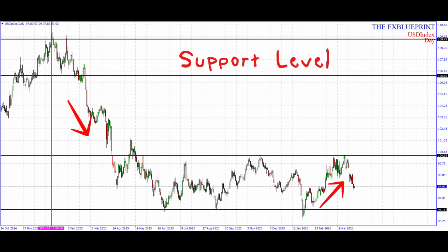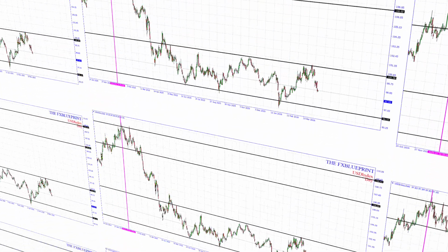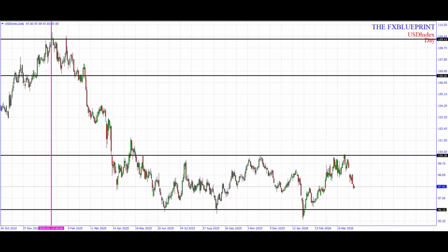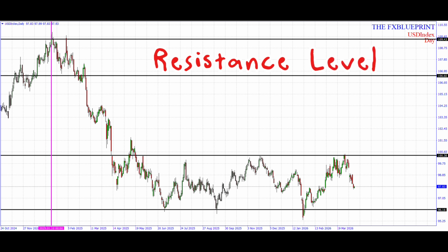Now, on the other hand, a resistance is a price area where the market tends to pause its rise and react lower. It's basically a zone where selling pressure has previously been strong enough to slow down or stop the upward movement.